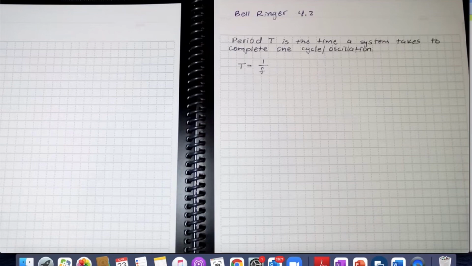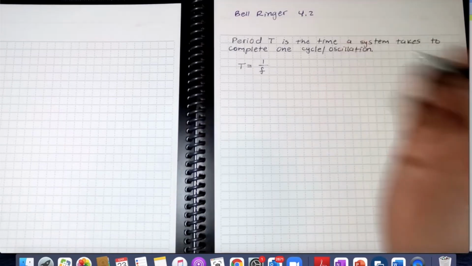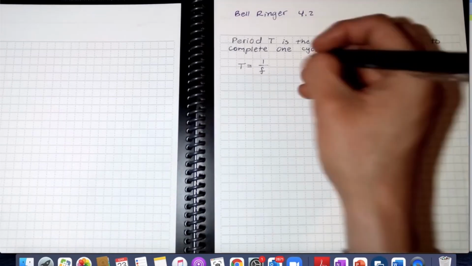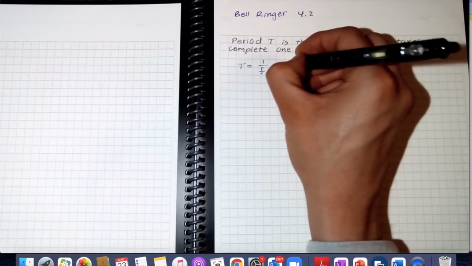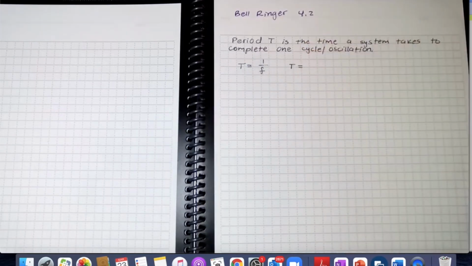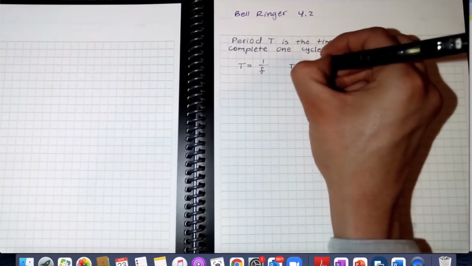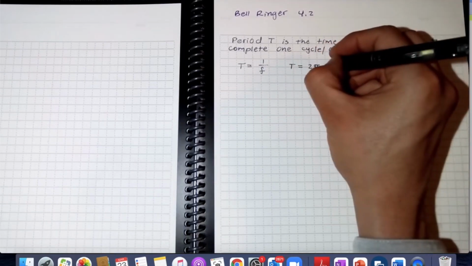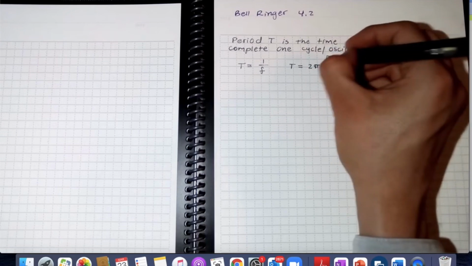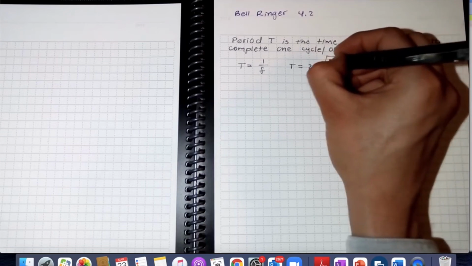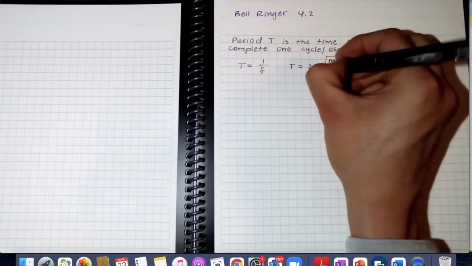I'm going to give you another formula for this one. This is the period of a system where you have a mass and a spring. It'll be 2 pi times the square root of the mass divided by the spring constant.